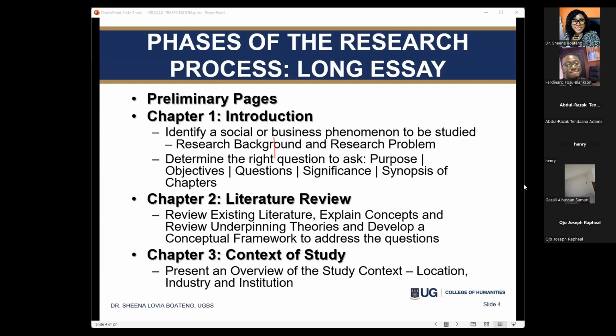So once you finish your literature review chapter, you put together your nice chapter summary, and then you move into the context of the study, where you tell us about the context in which you are conducting the study. If it is a particular organization, you have to tell us in depth about the organization and the industry that the organization belongs to, right?